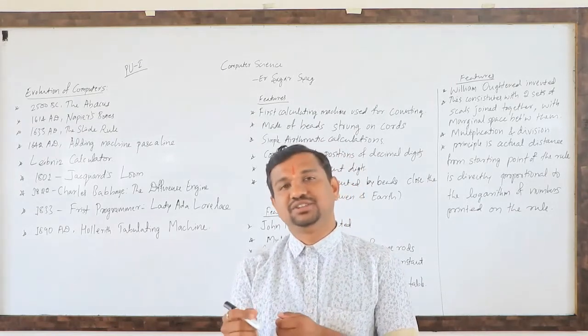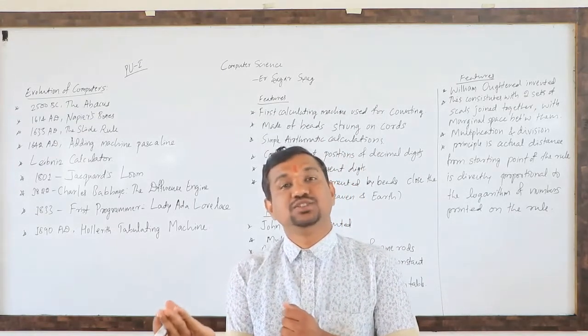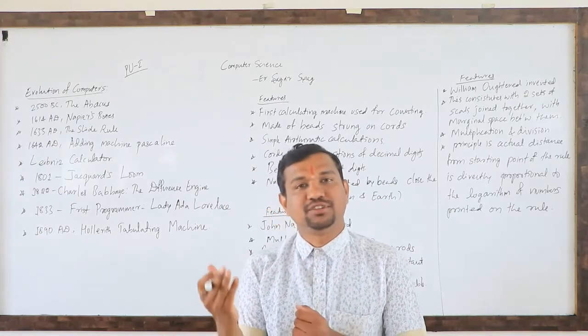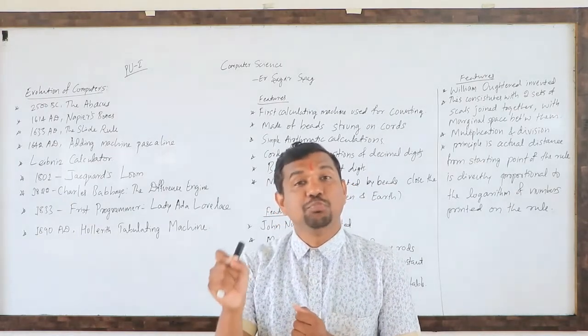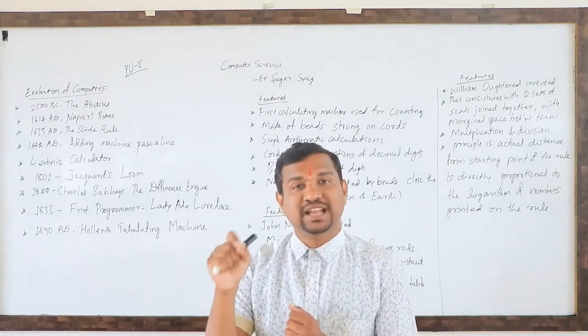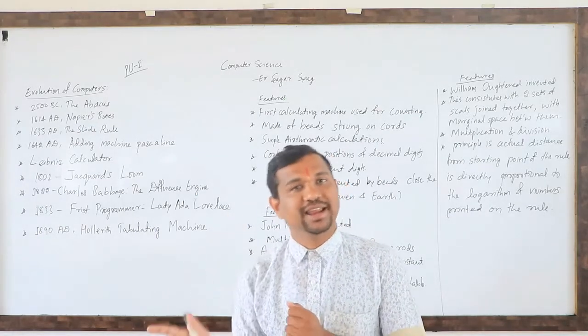Right? Next, after that, information. What is information? Computer processed data is called information.